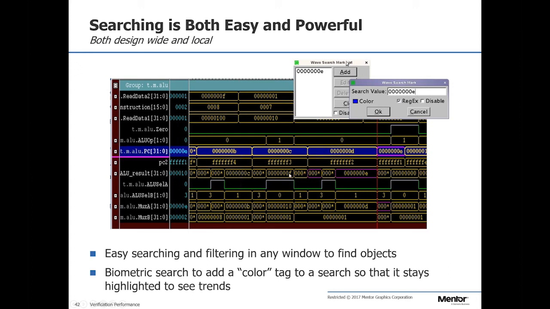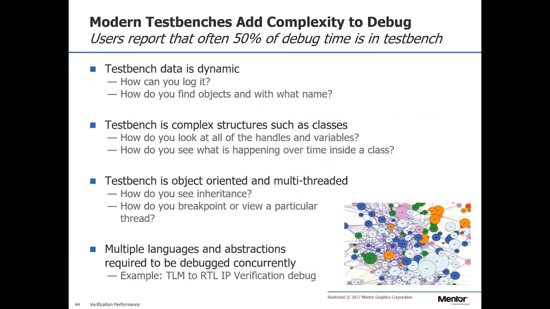I can trace every place that value shows up, and it'll highlight it with whatever color you tell it to. Now I can see here's what came in, it went through some logic, and I can zoom out. Even all the way zoomed out where I can't read the values, I can trace where that purple is going through my data path. So that's an interesting thing.